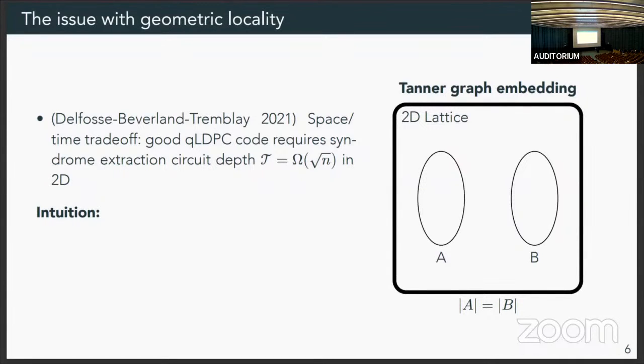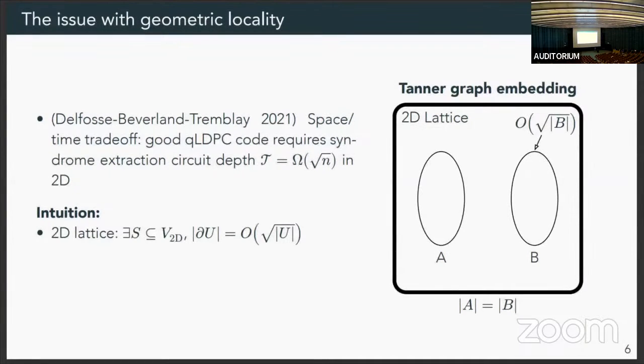Essentially, whenever we need to embed our Tanner graph into 2 dimensions, a 2D graph is not expanding. In particular, there exist regions for which the number of vertices in the region and the boundary of the region differ by a polynomial amount. So here I found some region B where its boundary grows as the square root, whereas the size is linear.